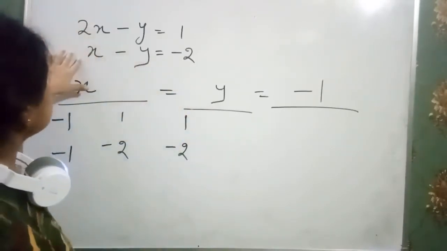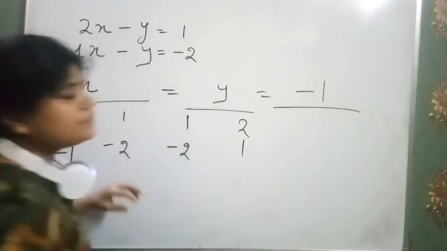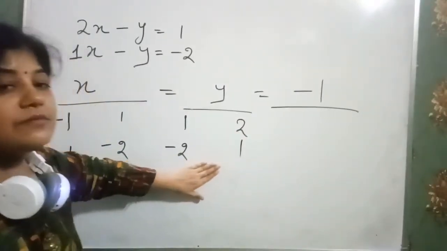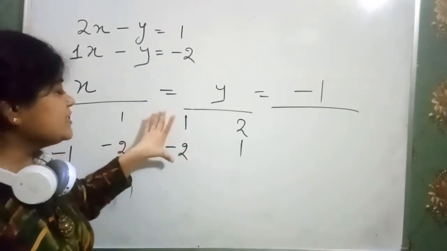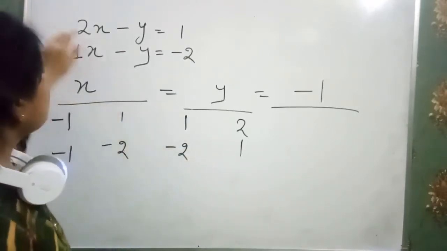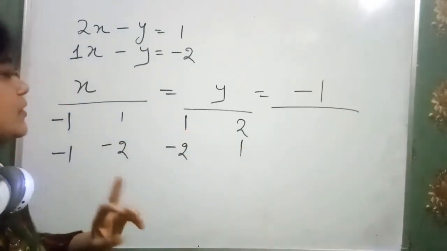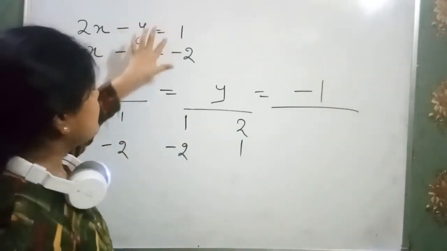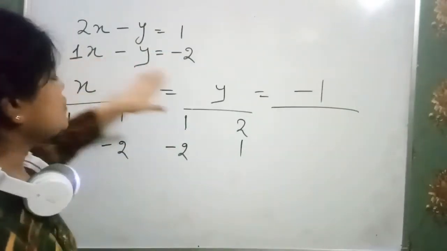So now the coefficient of x is 2 and 1. Clear? This is the main thing where children make mistakes here. Don't write 2 and 1 and then 1 minus 2. It gives you the wrong answer. Just write 1 and minus 2 earlier, then write the coefficient of x.